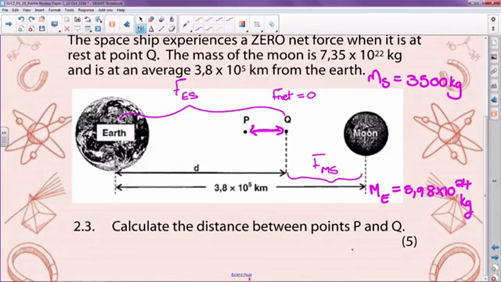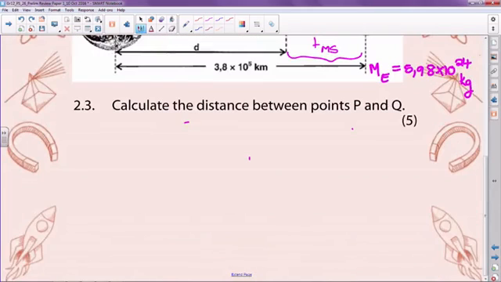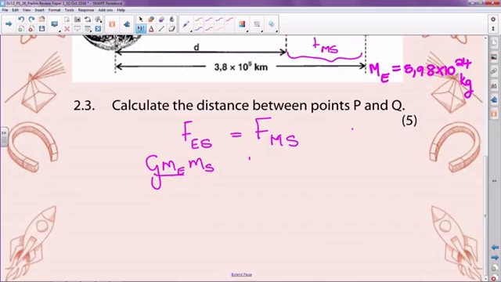So when I start off here, I've got to say that the force between the Earth and the spaceship must be equal to the force between the moon and the spaceship. So here I would use G, mass of the Earth, mass of the spaceship, over my distance squared.